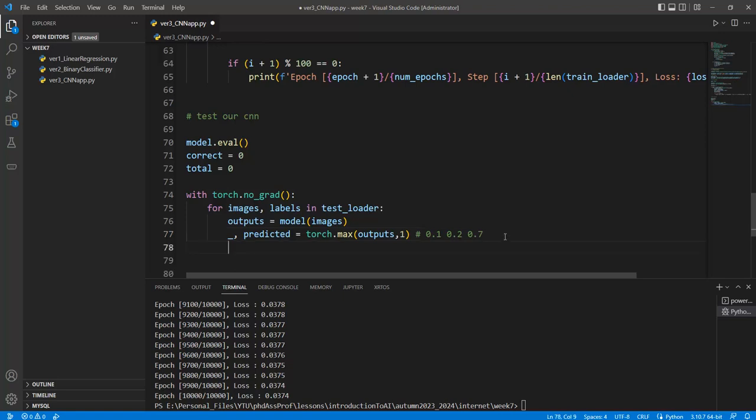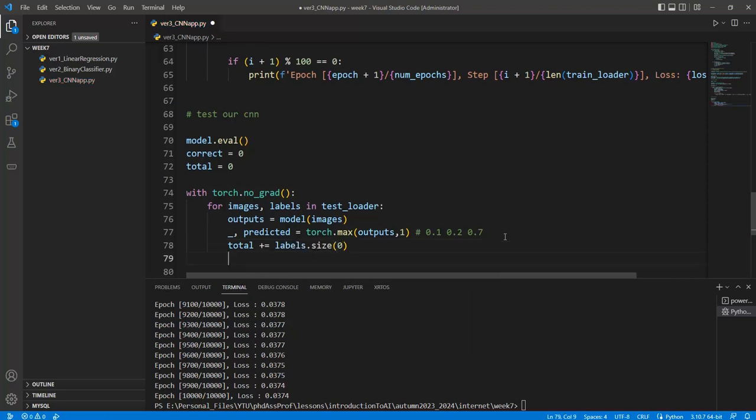And also we need to give the total number plus equal to the labels size 0 value, the total number, and the correct term must be increased if the predicted is equal to the labels, this is true, and sum and item should be assigned in here.